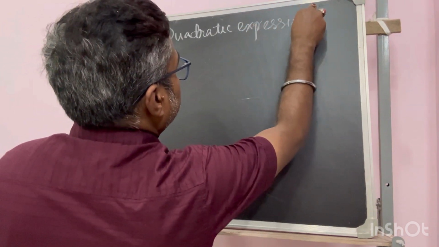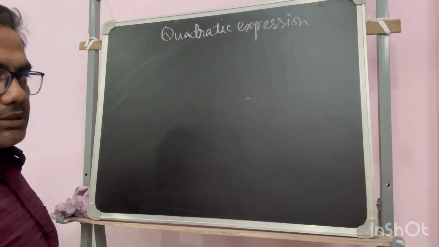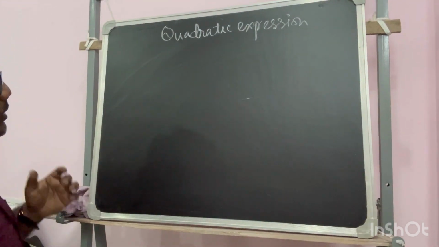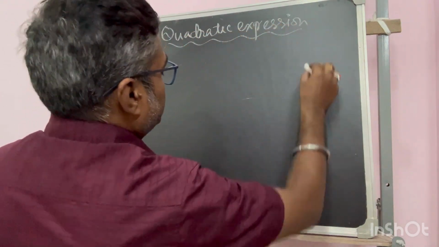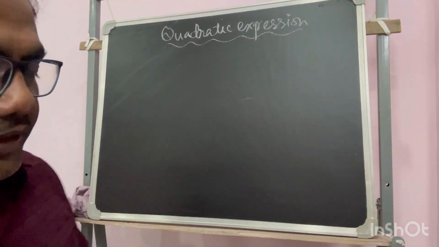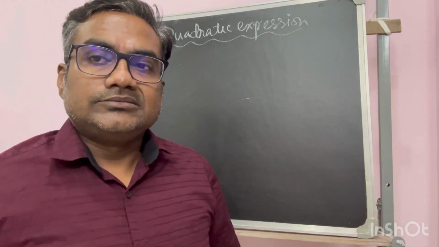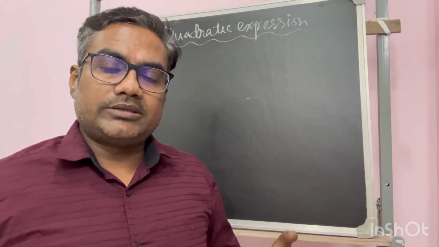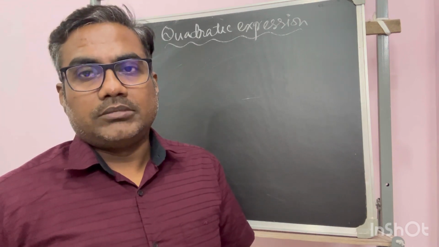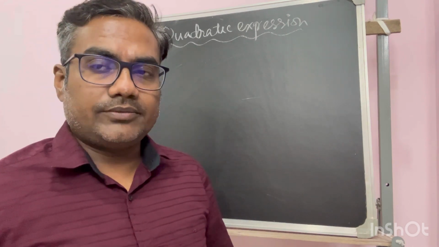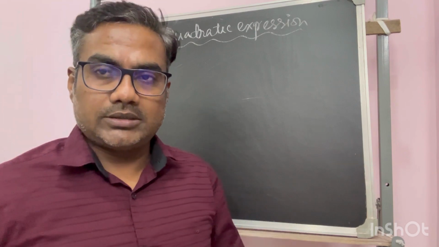Now, to understand the equation, we have to understand the expression first. So, what is an expression? Expression is the combination of variables and constants. Those might be related to each other in any form, but that expression will not conclude any result.